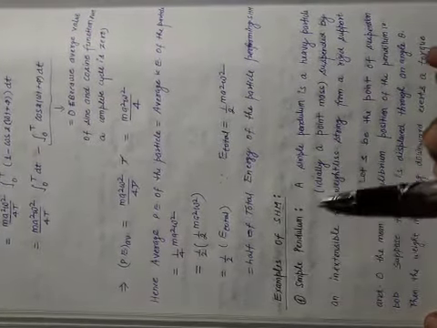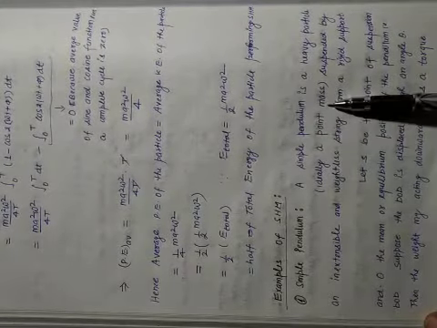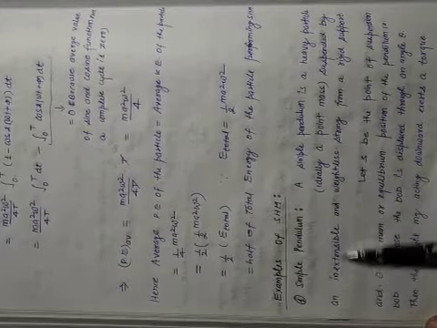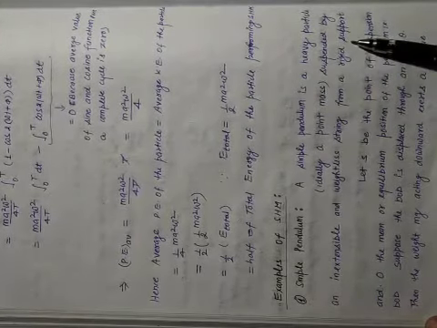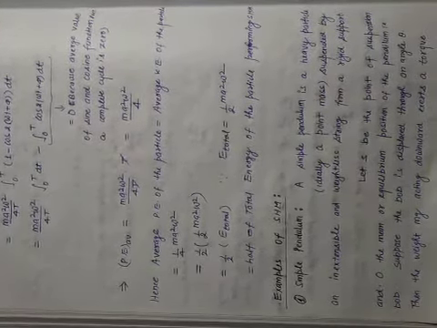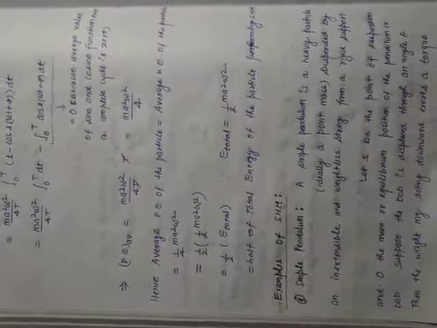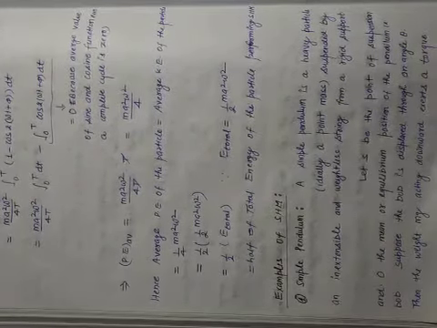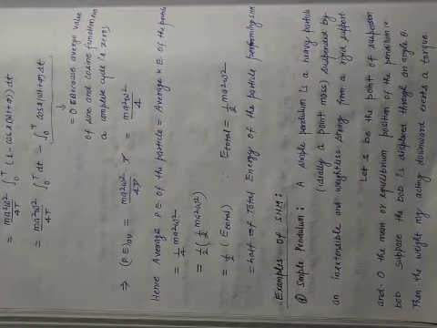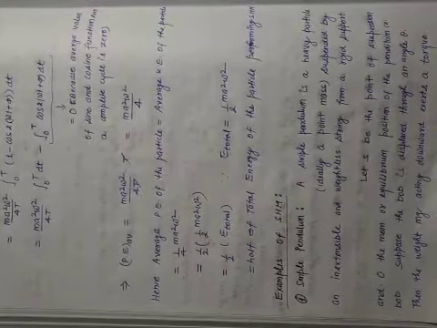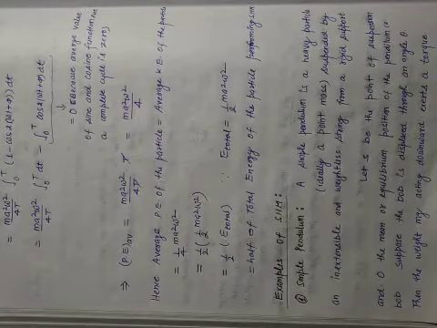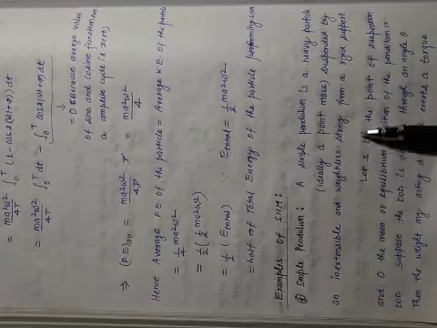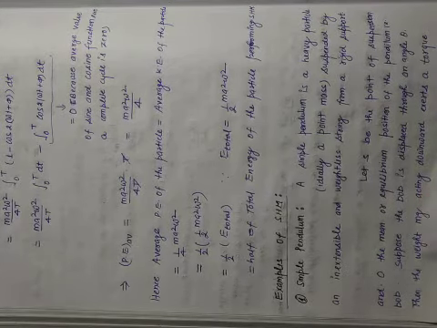So simple pendulum. A simple pendulum is a heavy particle, ideally a point mass, suspended by an inextensible and weightless string from a rigid support, both things, inextensible and weightless. Such a system is known as a simple pendulum.